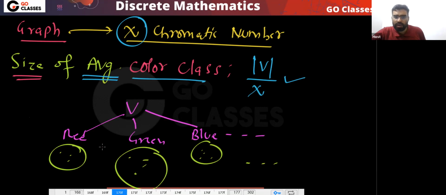On average. Okay, so can I say there is at least one color class with these many vertices?